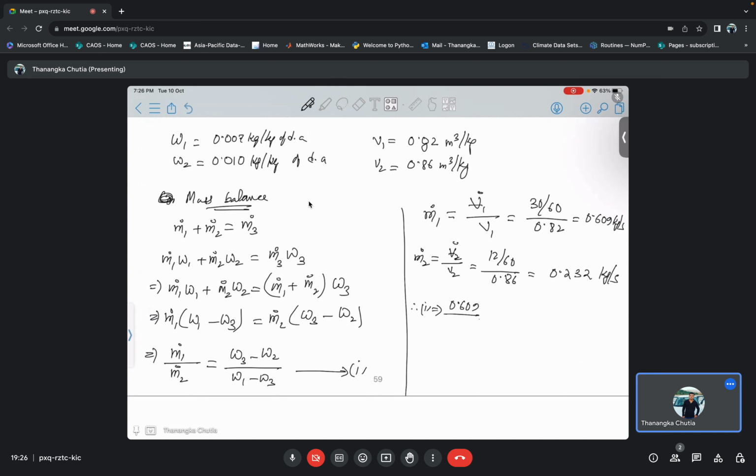0.609 divided by 0.232 is equal to W3 minus 0.010 divided by 0.007 minus W3. If you solve this, you will get W3 approximately... I'm sorry.